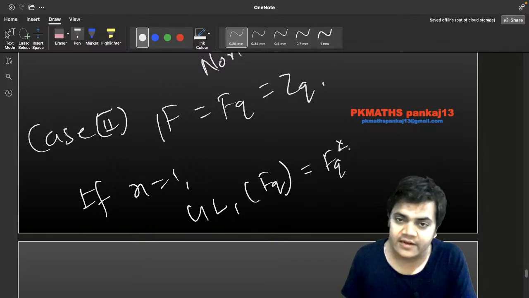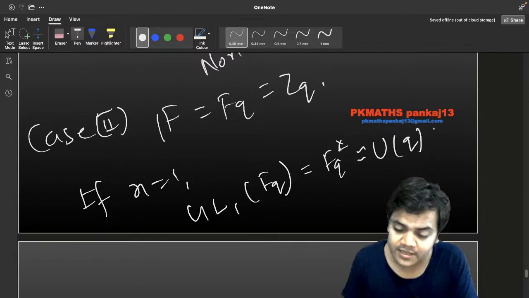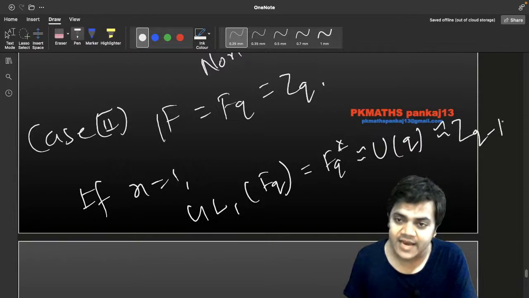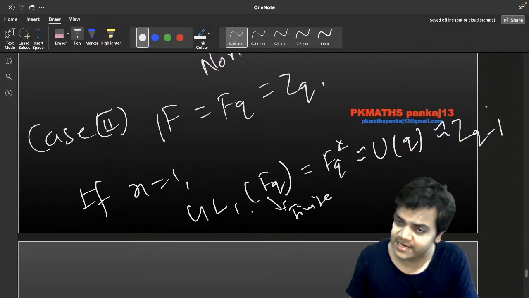Okay, and this FQ star will be isomorphic to UQ, and this Q is prime, then it will be isomorphic to Z(Q minus 1). Okay, and Zn is always cyclic. So we can say this GL1FQ, if this is a finite field, then certainly it is a cyclic group.